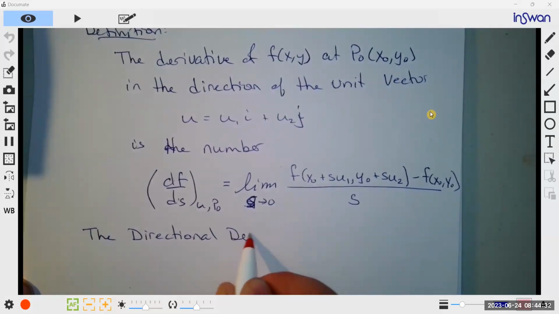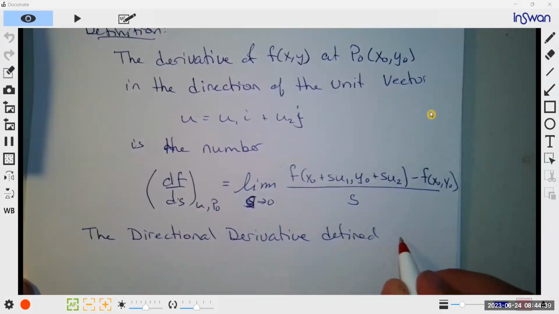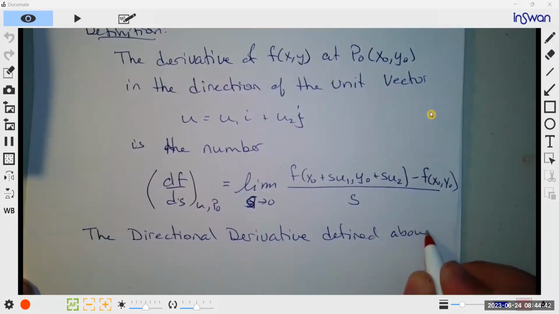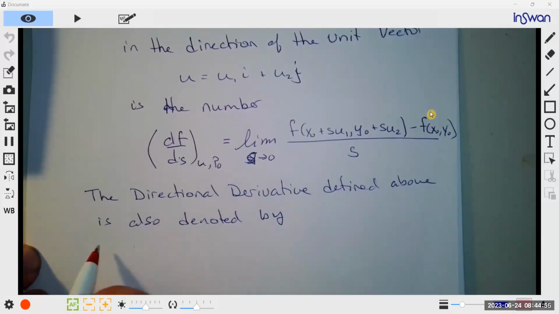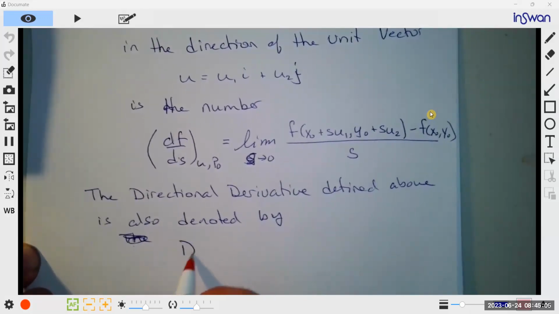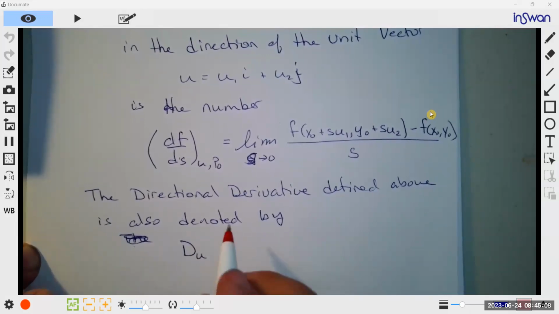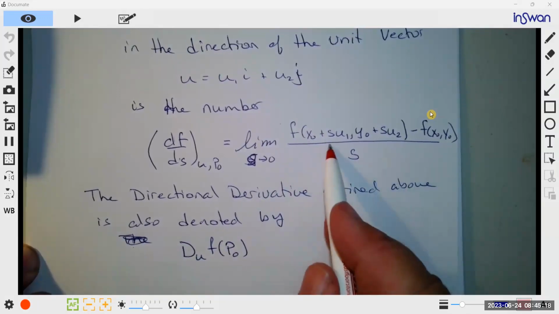The directional derivative defined above is also denoted by D sub u f of p sub 0, the d for directional derivative of f at p sub 0. That means it's just x sub 0 and y sub 0.